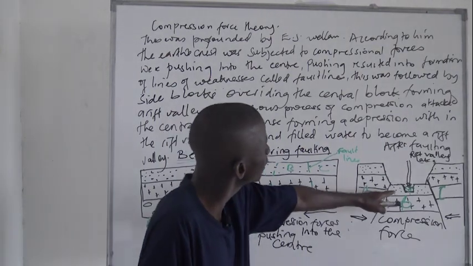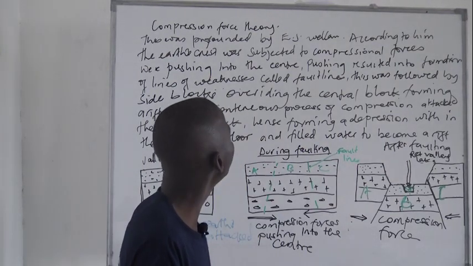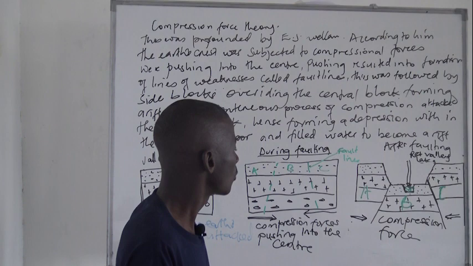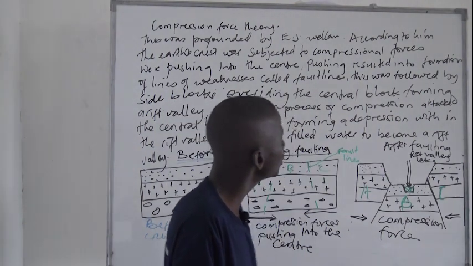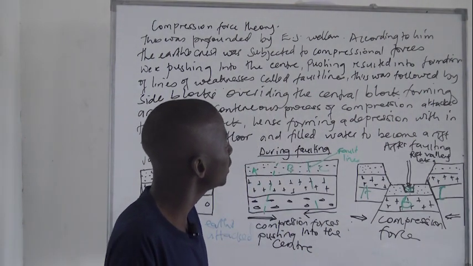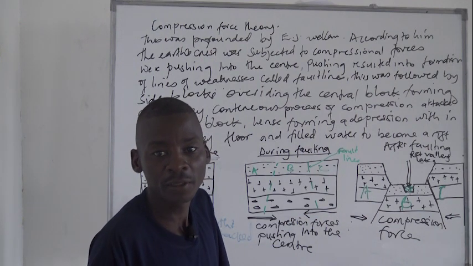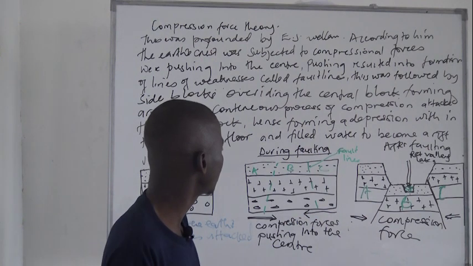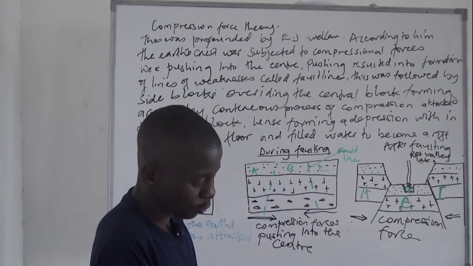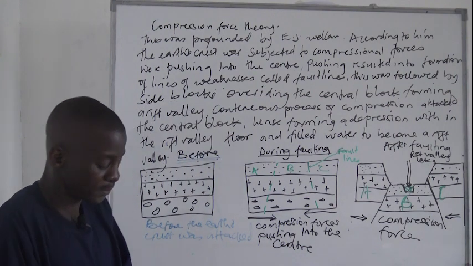So, secondary faulting took place in the floor of the Rift Valley, creating a depression within a depression that was later filled with water to become a Rift Valley lake. So examples of those lakes, we have already named many of them.